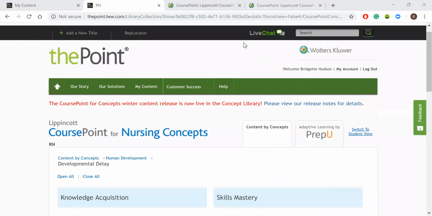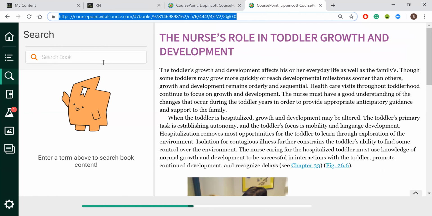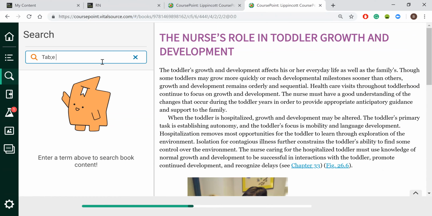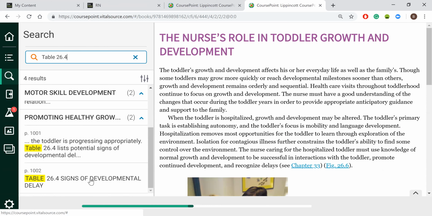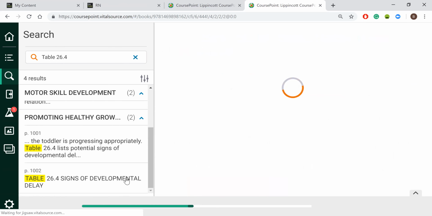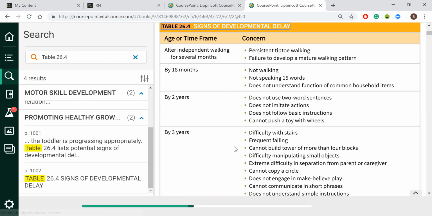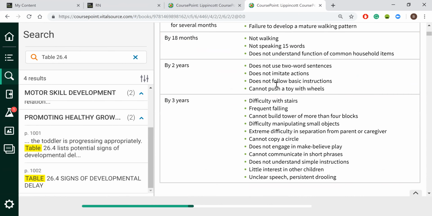All right, so let me go back to here, and I could type in table 26.4. So signs of development, mental delay. And then here's everything of what you need. Here, this is your table.